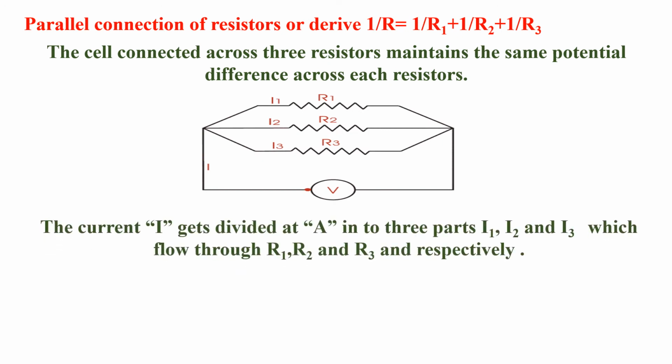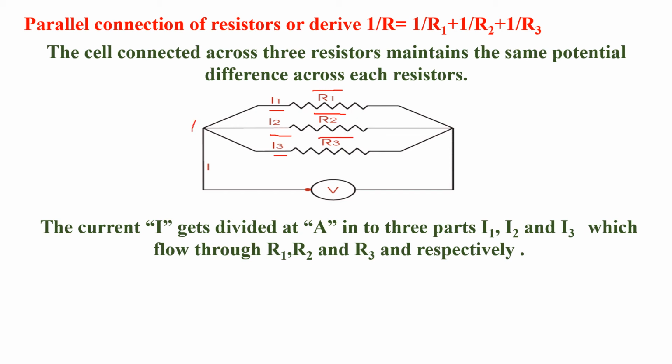Now, the current I gets divided at A into three parts, I1, I2 and I3, and flows through R1, R2 and R3 respectively.